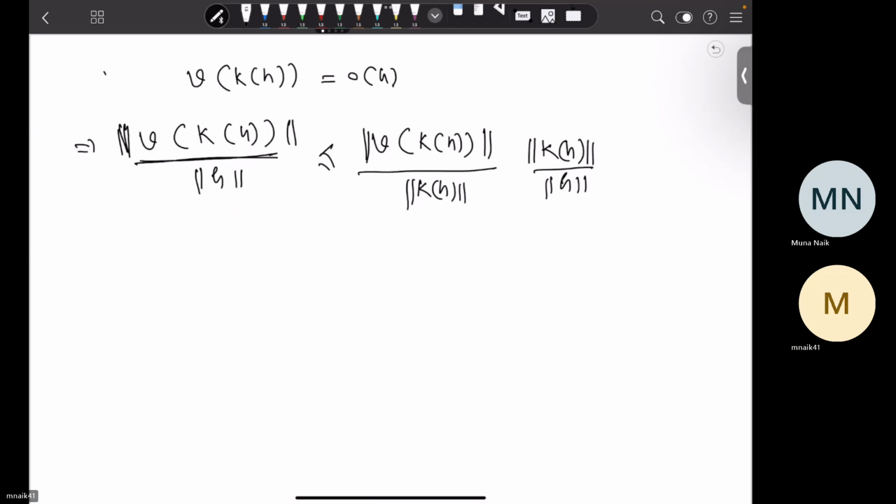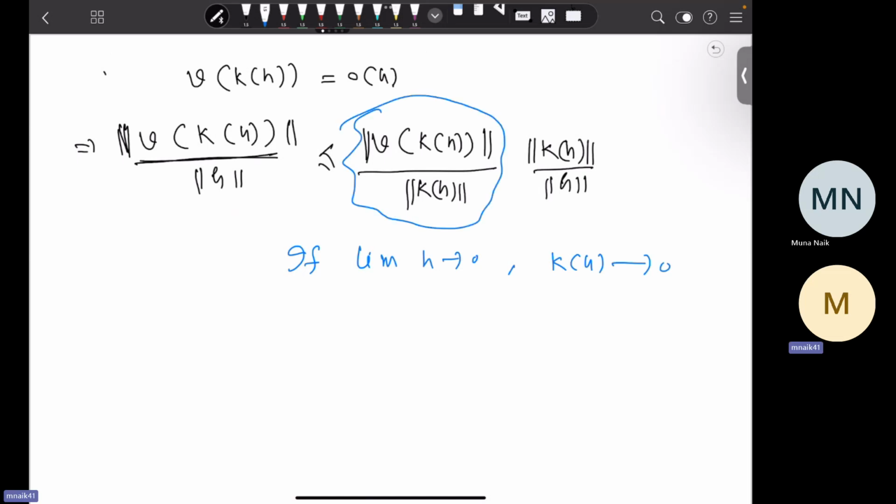If limit h tends to 0, we know that kh goes to 0, so this norm of b of kh by norm of kh will go to 0.